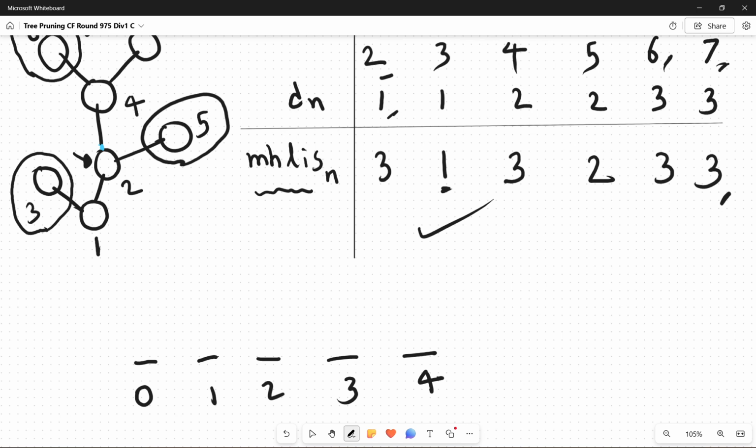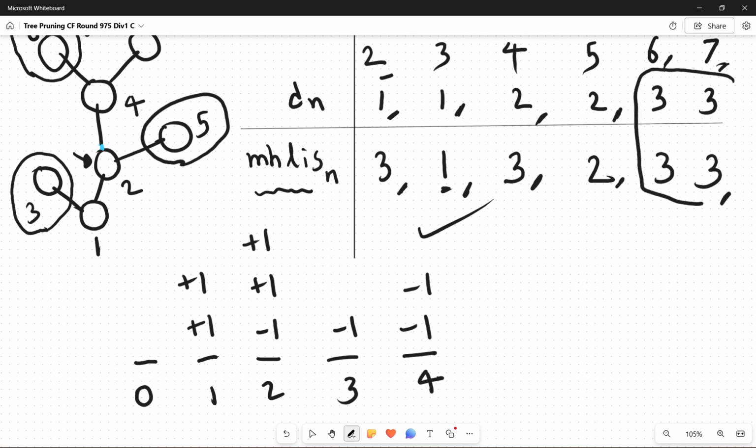So plus 1, and here minus 1, here plus 1, and here minus 1, here plus 1, here minus 1, here plus 1, here minus 1, and for both of these it is going to be plus 1 at 3, plus 1 at 3, and minus 1 at 4, and minus 1 at 4.